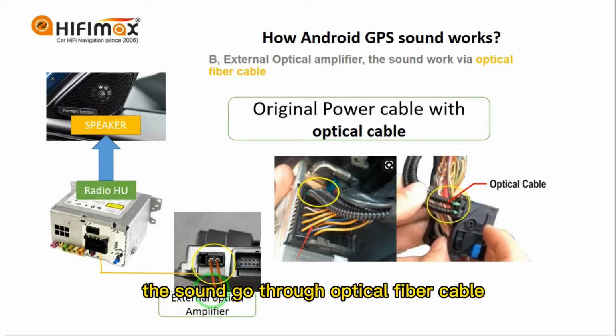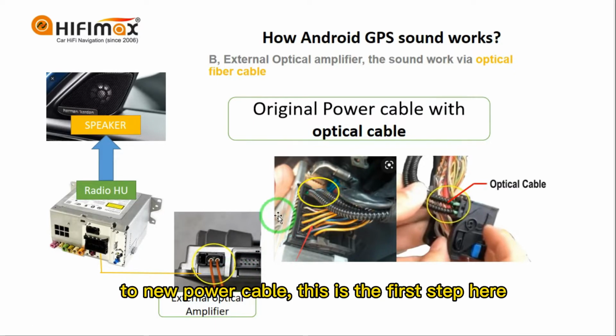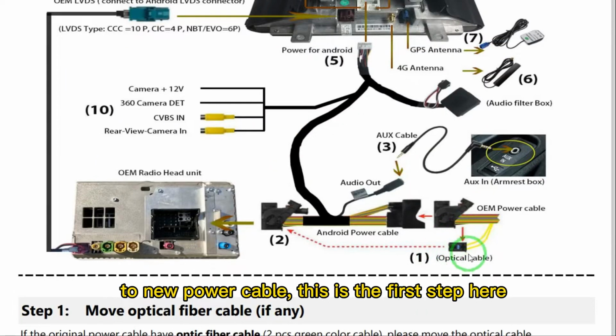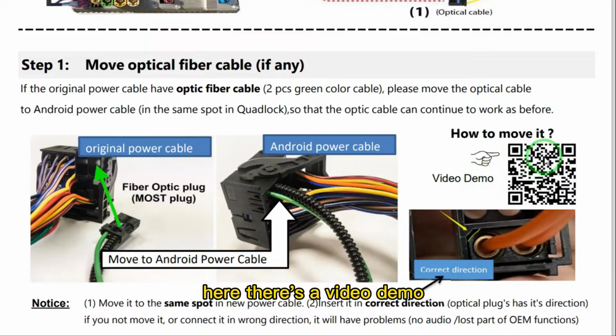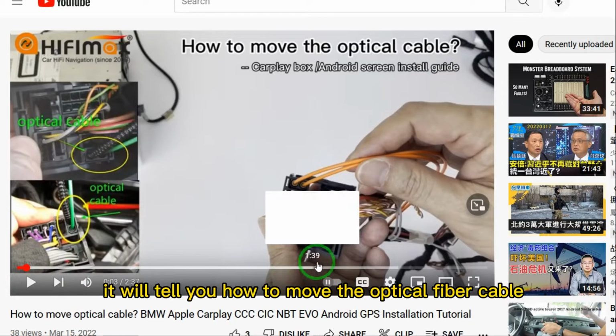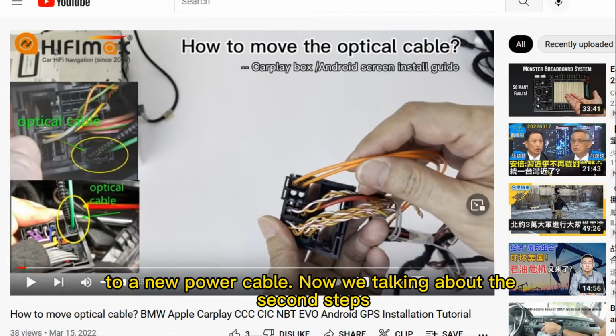The sound goes through the optical fiber cable. So the first step is to move the optical fiber cable to the new power cable. Here there's a video demo that will tell you how to move it.